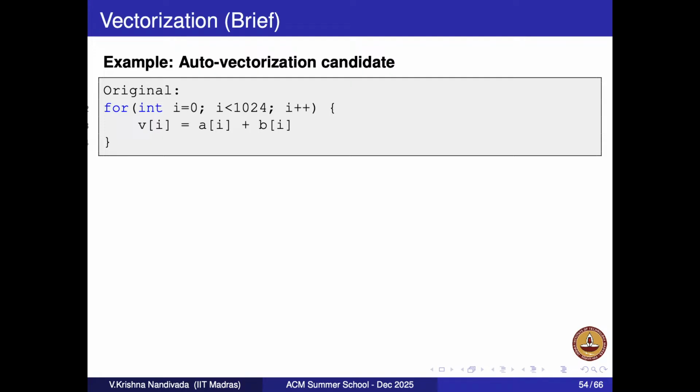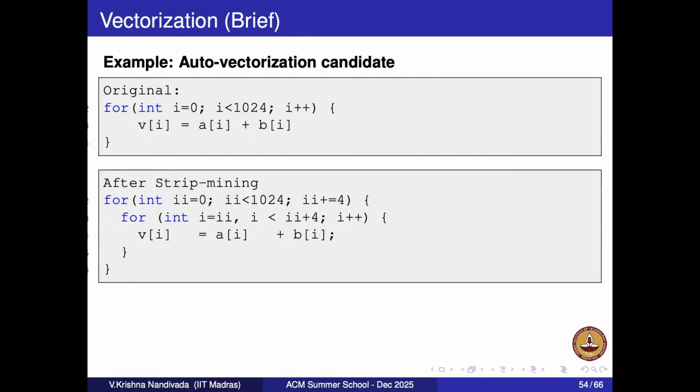The same loop, I took the first loop. As I was telling you, I have a vector instruction that can work on, let's say, 4; it can do 4 additions in parallel, but only 4 at a time. But this is only one addition. You know what I'll do? I'll do loop distribution, I got this, now I'll do strip mining and get this.